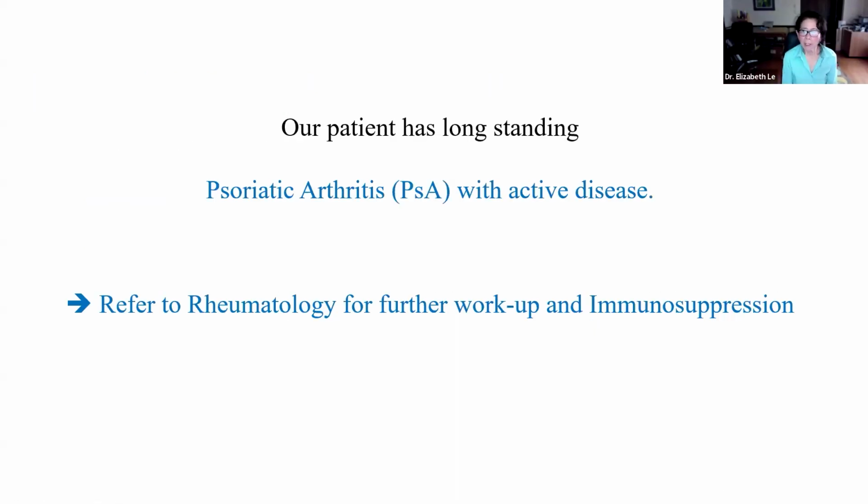So our patient has long-standing psoriatic arthritis with active disease, chronic and active. And he is not functional. His joint pain is so painful that he can't work, and his rash is debilitating. So we have to refer the patient to rheumatology for further workup and immunosuppression. Nowadays, rheumatologists would use disease-modifying agents.